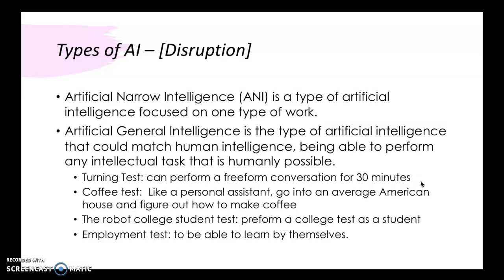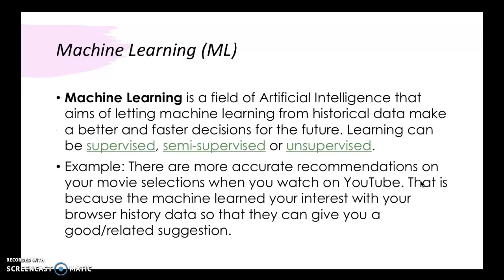And another type is the employment test, where, as a typical worker, you can do multiple types of tasks and perform normally. So those are all the different tests to measure if the artificial intelligence is mature.